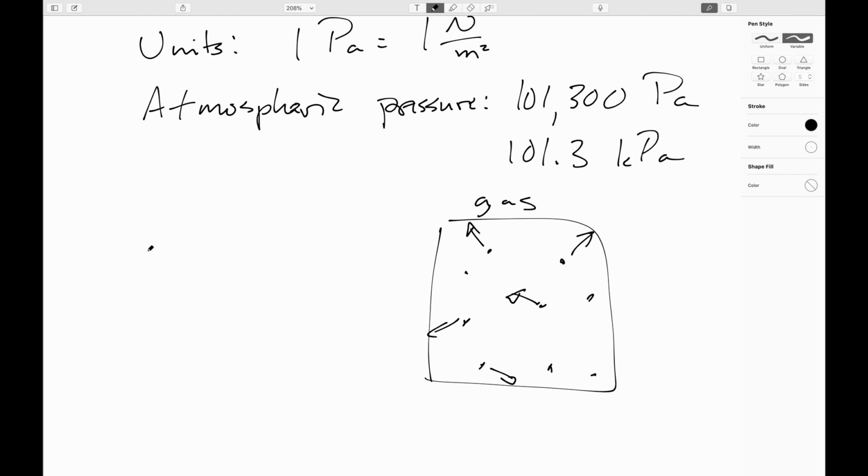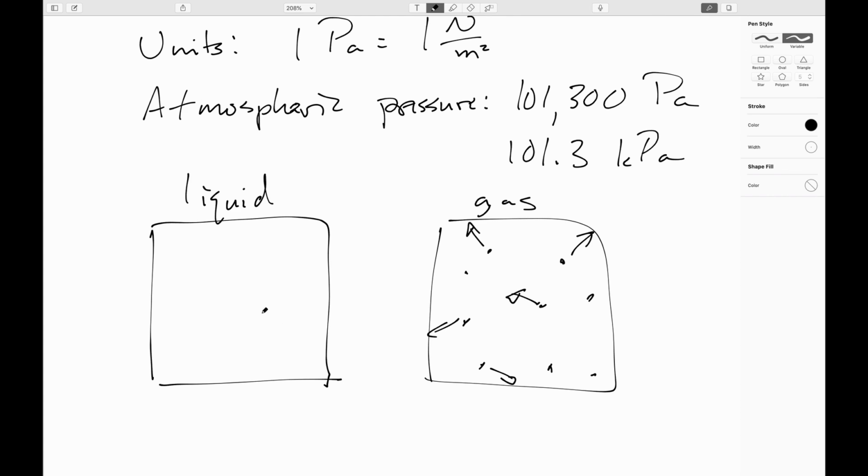This is different from a liquid, and so we'll be mostly thinking about liquids here at first, although I will mention gases again briefly before we get there. So with the liquid, I've got my water line here.